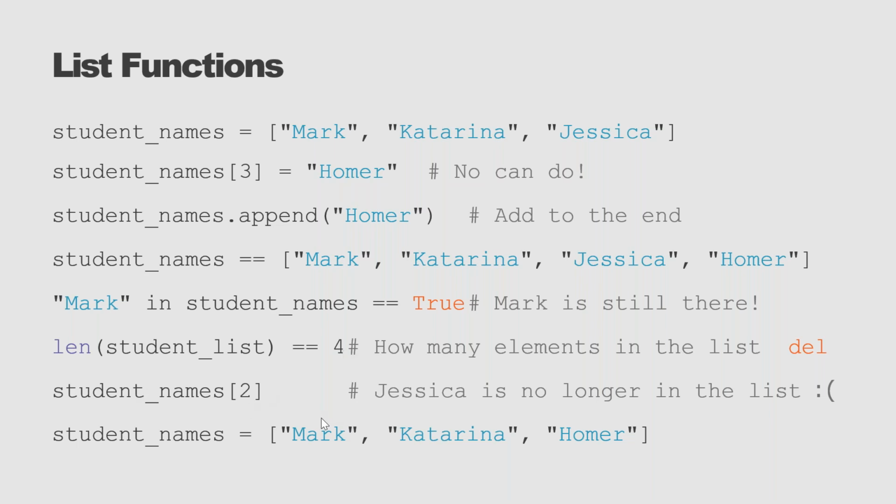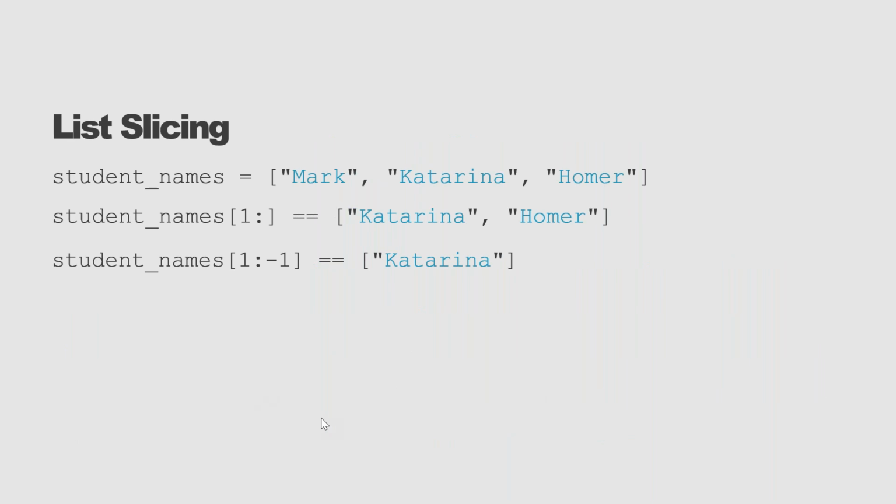So how do we work with slicing of a list? Look at this here. There is one list, Mark, Katrina, Homer, students underscore names, and here you are slicing after index one, whatever it is. So slicing Mark from the list.